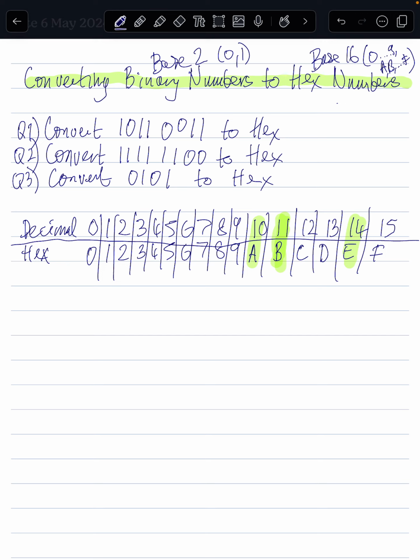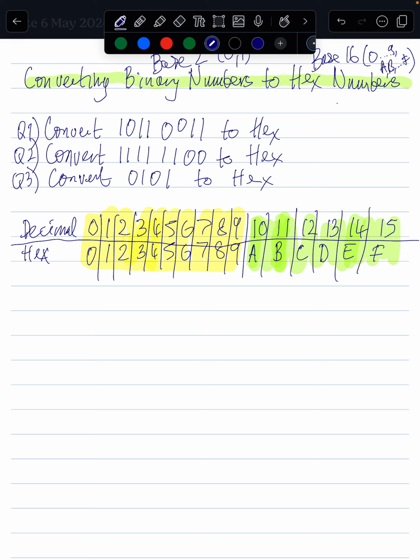And just to remind you, everything from 0 through to 9 is the same in hex and decimal, but from 10 through to 15, it's different. So again, 10 in decimal is A in hex, and 15 in decimal is F in hex. Now you should be able to create that table. You don't have to write 0 to 9; you could write 10 through to 15 or remember it.